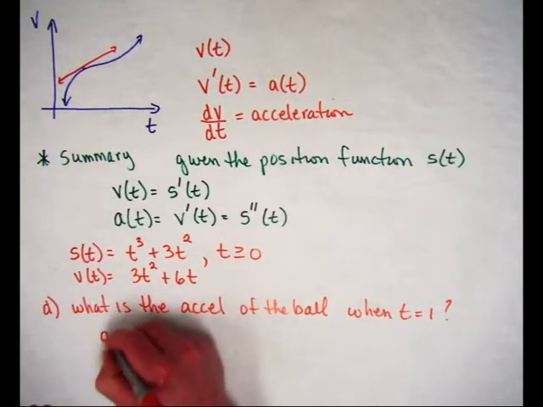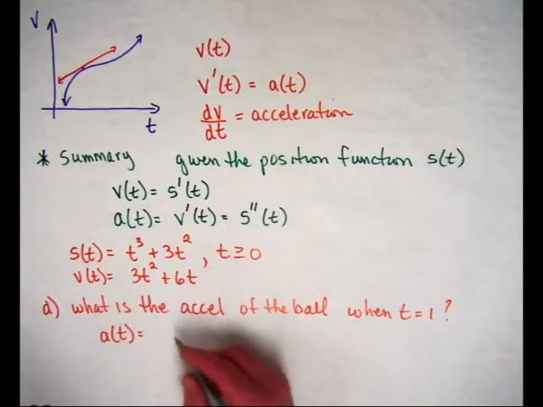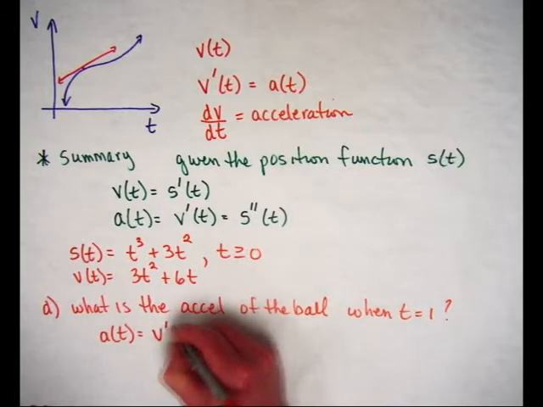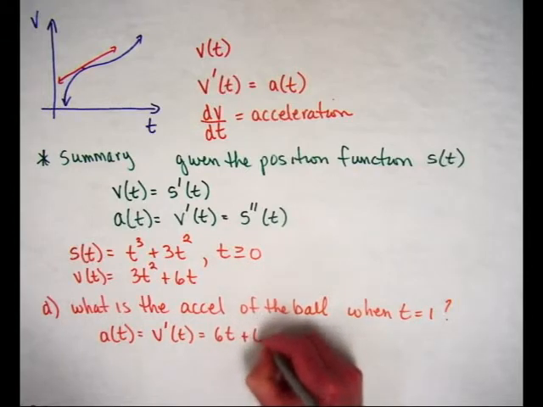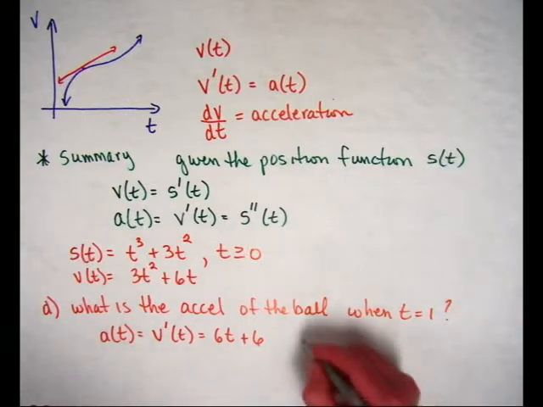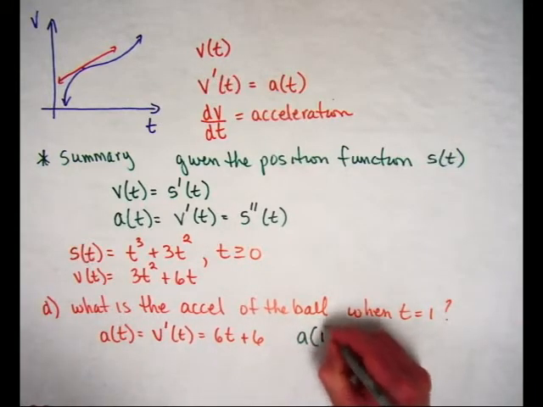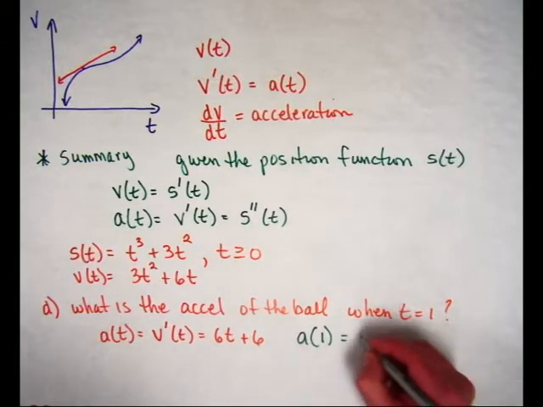Well, we know that the acceleration function, a of t, is just the derivative of the velocity function. So it's just v prime of t, which according to our power rules would just be 6t plus 6. So now we have a function that describes the acceleration. And so the acceleration at 1 would be 6 plus 6, or 12.